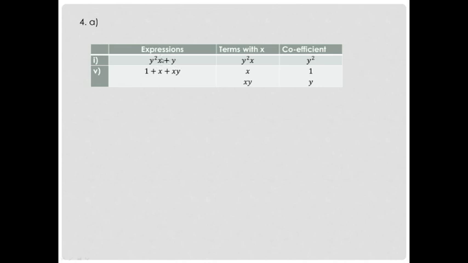Here x is there, here there is no x. So the term we are going to take as a term with x is y square x. Then why don't we take y? Because y does not have x with it. So y square x is there.